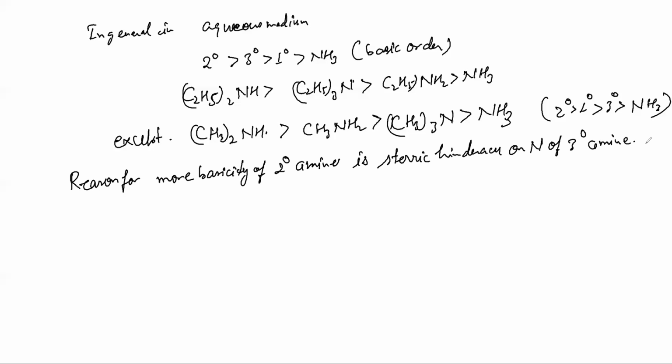If nitrogen cannot accept H plus, we don't say it is basic, because a base is a substance which accepts H plus. If, due to hindrance, you are not able to attract H plus, you will not be called a base, even if you have more electron density. Clear?